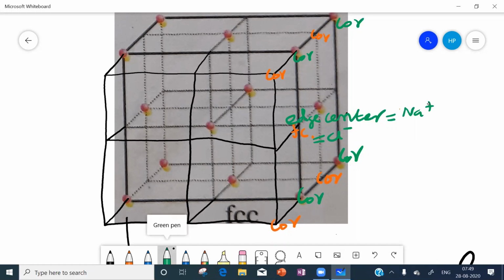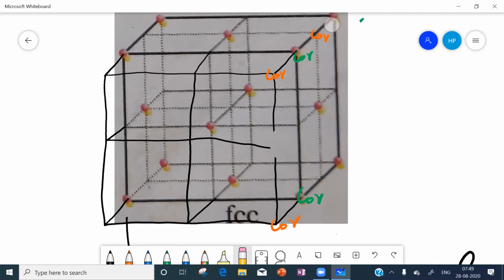So now we will see. We will erase this one. Now you see, I am taking this as a corner.